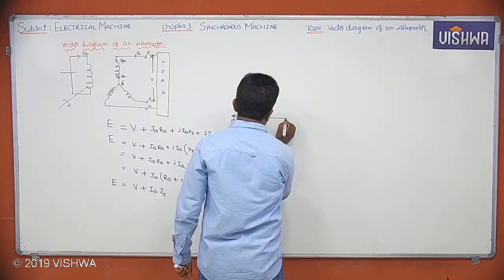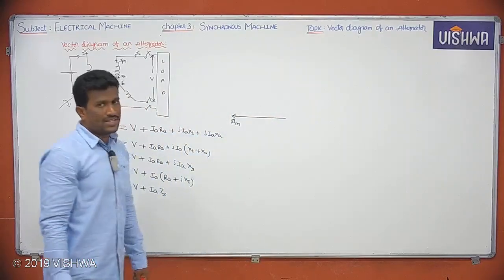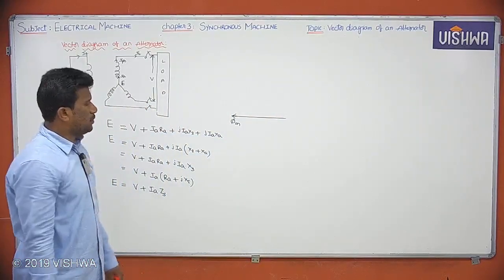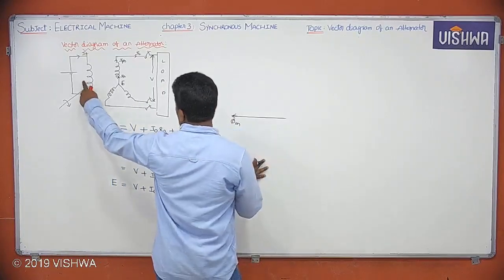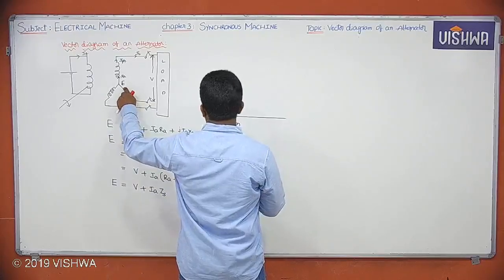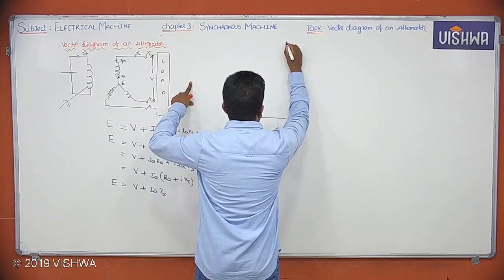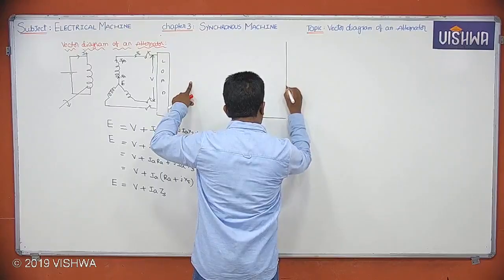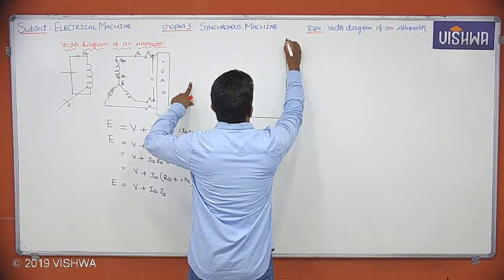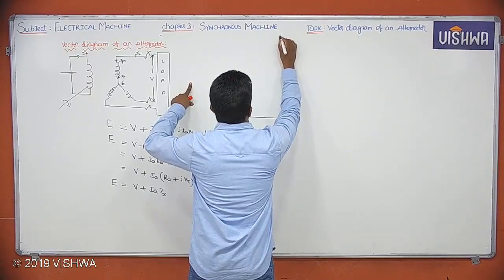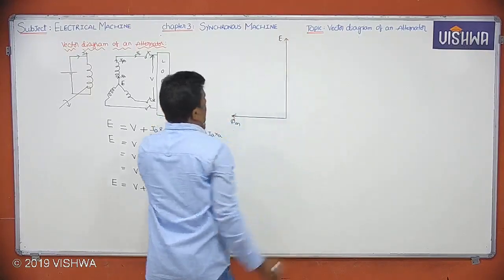Because of DC supply to the field winding, because of excitation, whatever flux we got can be called the main flux. Because of this main flux only, you got EMF here in the armature winding. So this EMF lags flux phi m by 90 degrees.